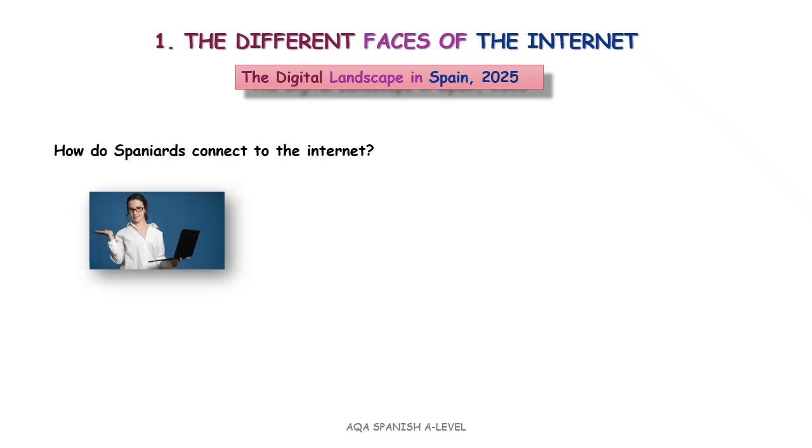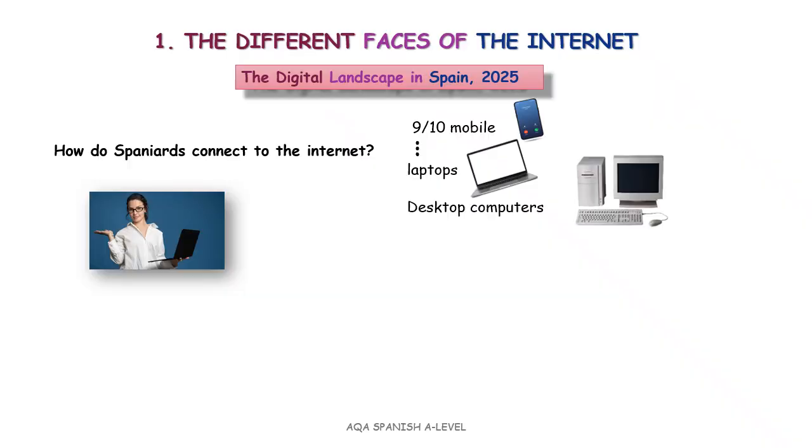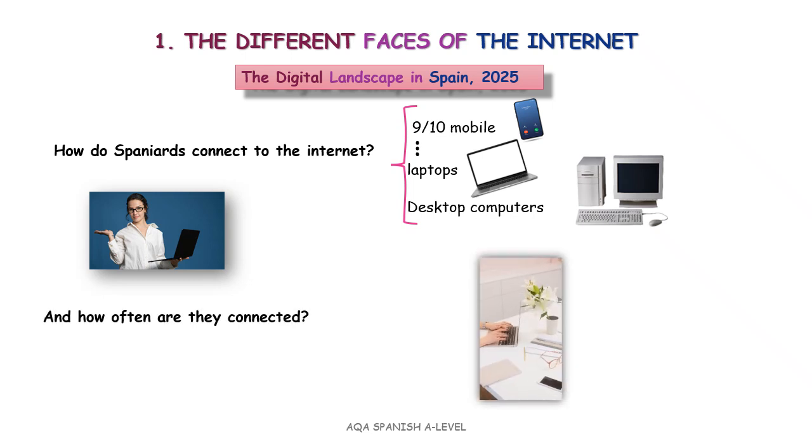How do Spaniards connect to the internet? These days, 9 out of 10 Spaniards use their mobile phones to get online, way ahead of laptops and desktop computers. And how often are they connected?